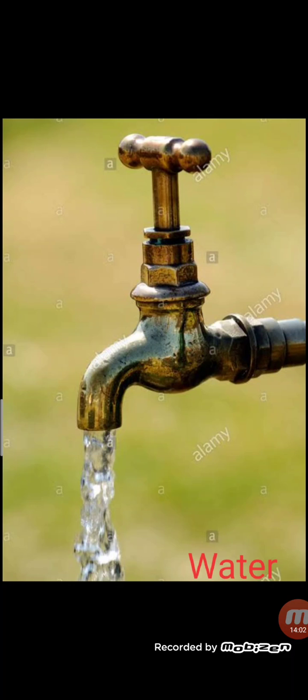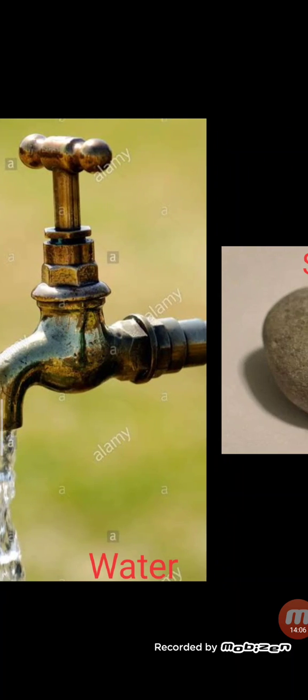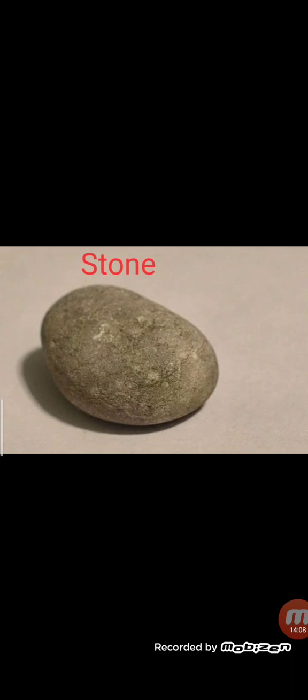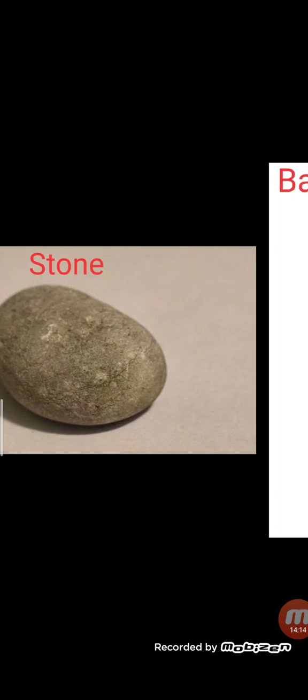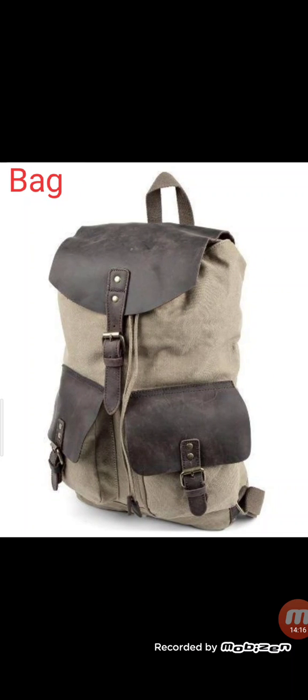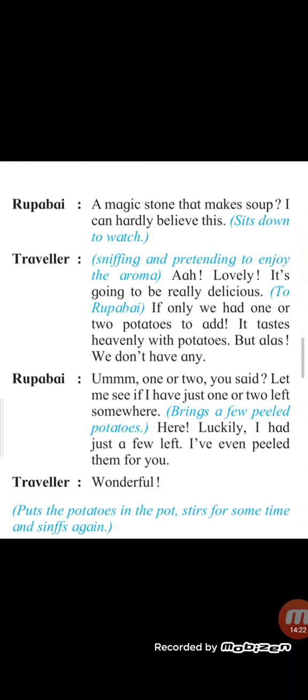What does he need? Only this much. Why? He tells her, because I've got a stone, a magic stone. Why has he got a magic stone? Because the magic stone is in his bag or in his pocket. And he tells her, see, a magic stone that makes soup, you can hardly believe this.